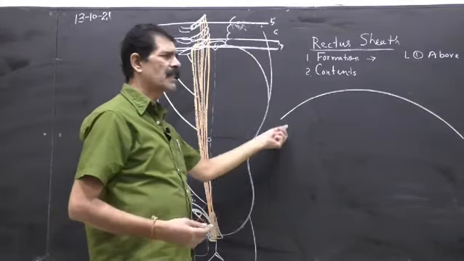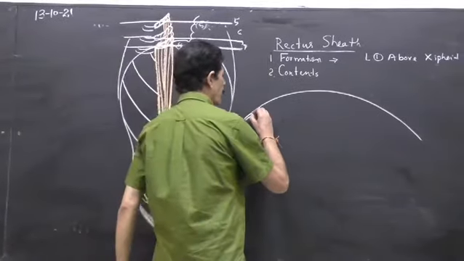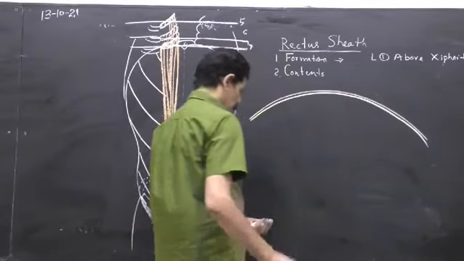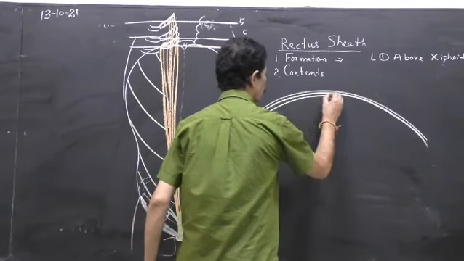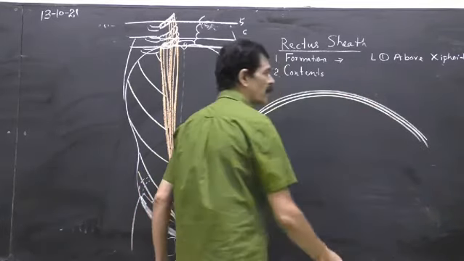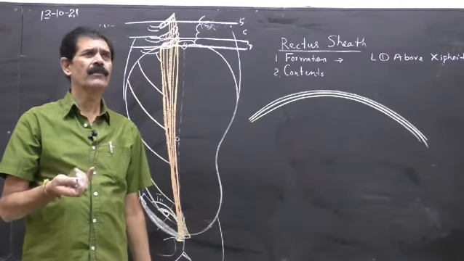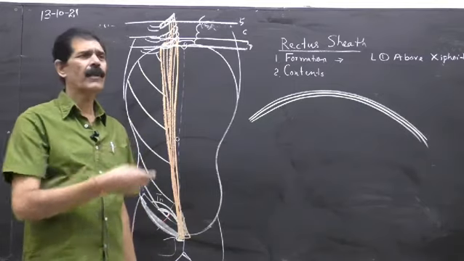The first layer is the skin. Below the skin is the superficial fascia, that is the yellow color fat. Then comes the deep fascia. Because in the thorax there is skin, superficial fascia as well as deep fascia. It is only absent in the abdomen. So in the thorax you have to make all the three layers.